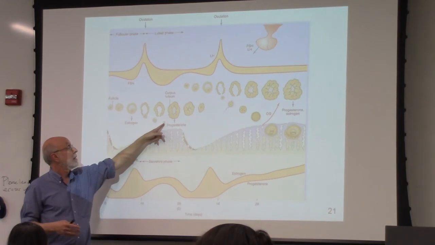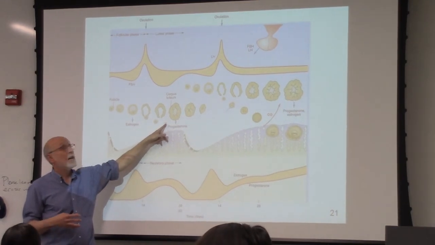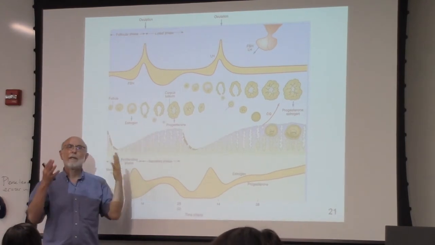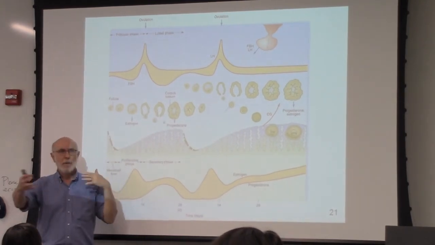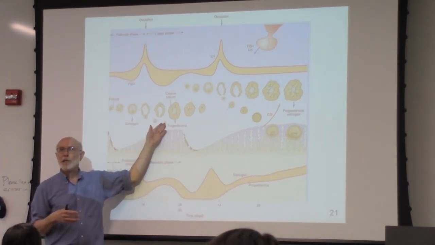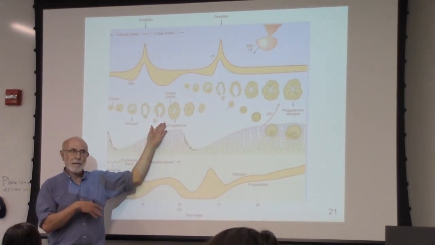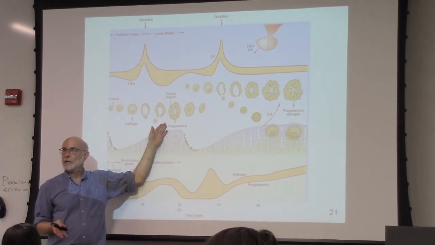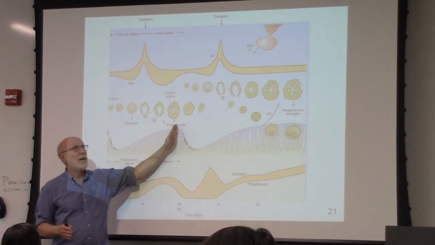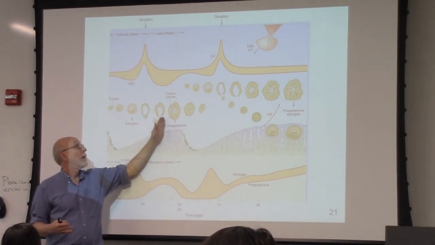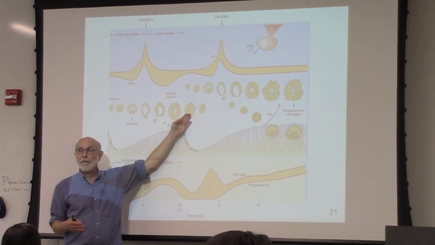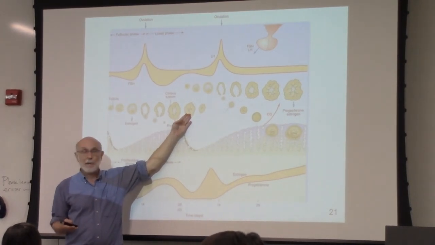The ovulated oocyte travels in the fallopian tube. It doesn't travel, it is carried by the fallopian tube. The cilia of the fallopian tube move the oocyte from the fimbria at the beginning to the uterus. If there is no fertilization, the corpus luteum does not receive a signal to sustain itself, and so it undergoes degeneration.